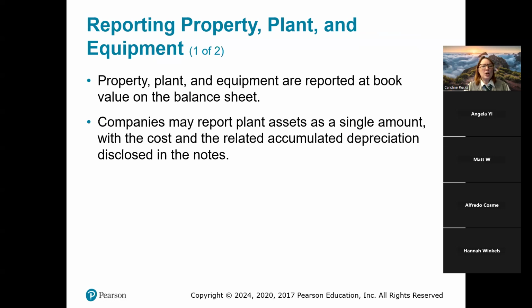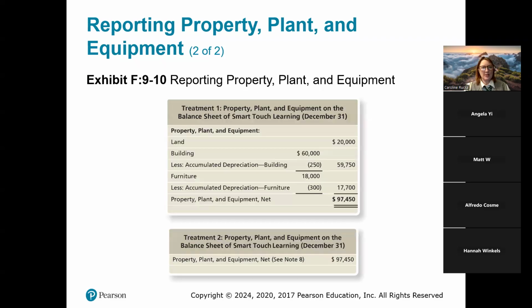All right. So property, plant, and equipment are reported at book value on the balance sheet. When you put them on your balance sheet, you can either report them as a single line item that's net of the accumulated depreciation, or you can do like they did in that slide near the beginning of the slide deck, where you have the book value of the item and accumulated depreciation as a separate line item and subtract that.